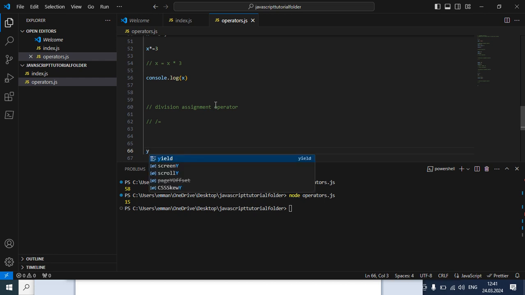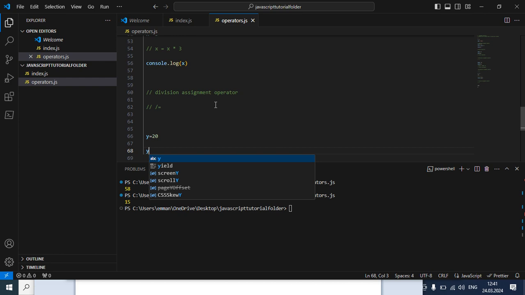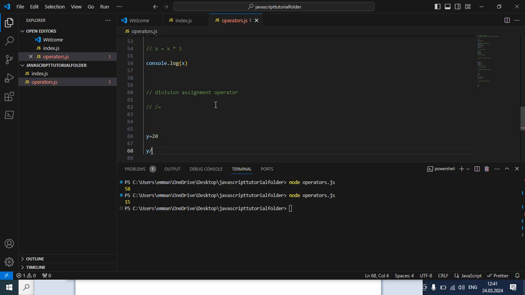Assuming we have a variable y and y equals to 20, and to use the division assignment operator, what you just need to do is y divided or equals to 4. So what that does is the same thing as saying y equals to y divided by 4.